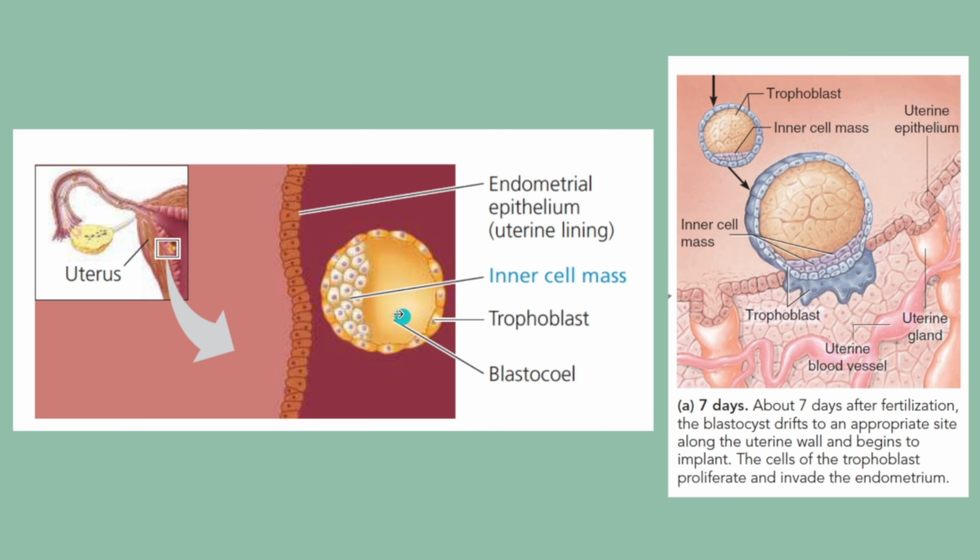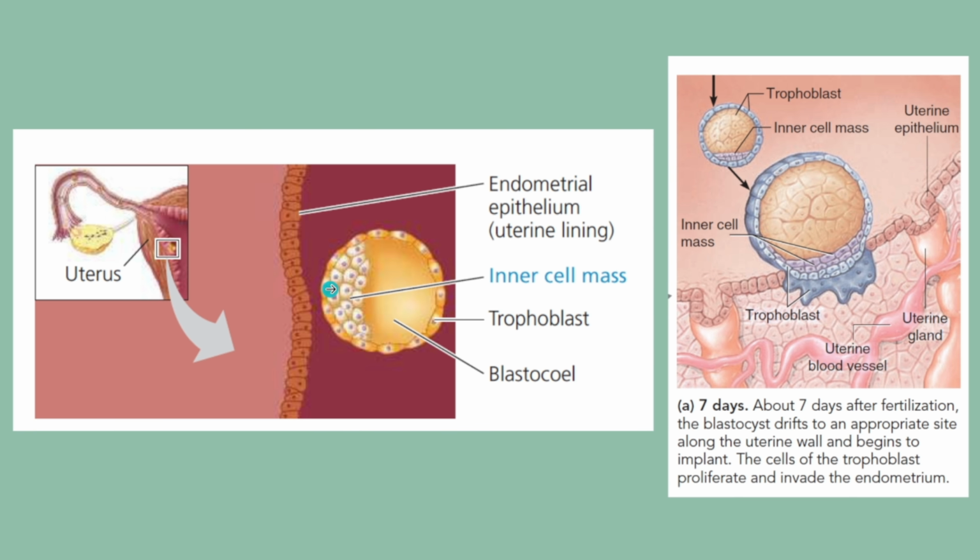And you can see there are no cells here; this part we call the blastocoel. This is very, very important, because the trophoblast and inner cell mass will later develop into different parts of the structure through the gastrulation process.